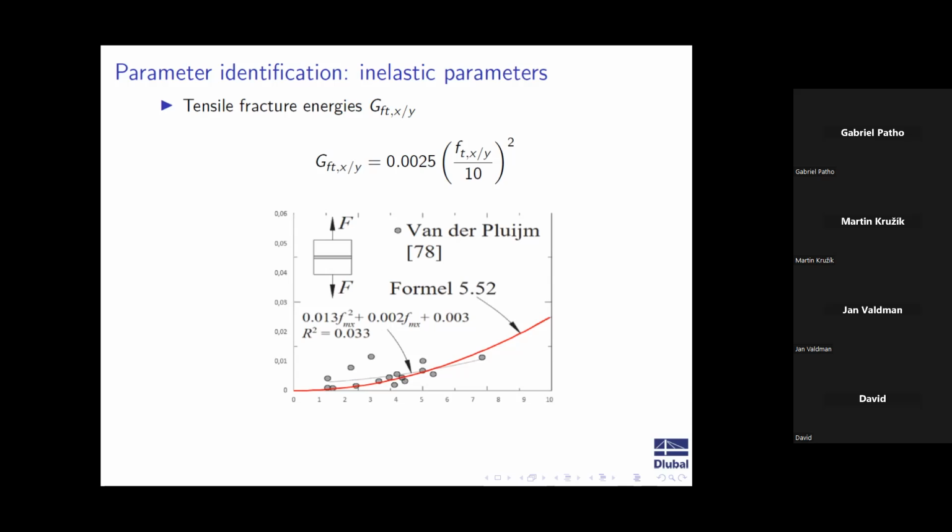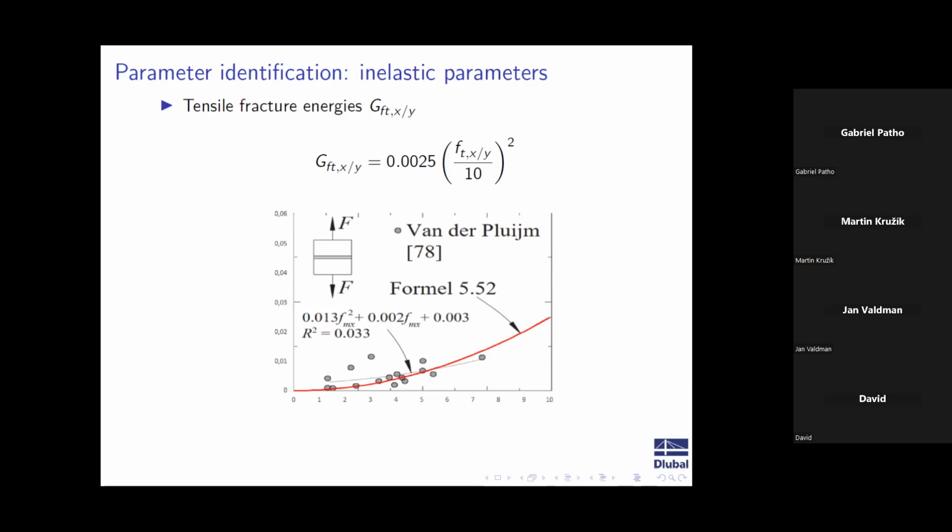At least for tensile fracture energies, we can take some test data from concrete experiments. So what you can see here, these are not done on any masonry because there are no crushing or fracture test data for masonry available, unfortunately, at least to my knowledge.